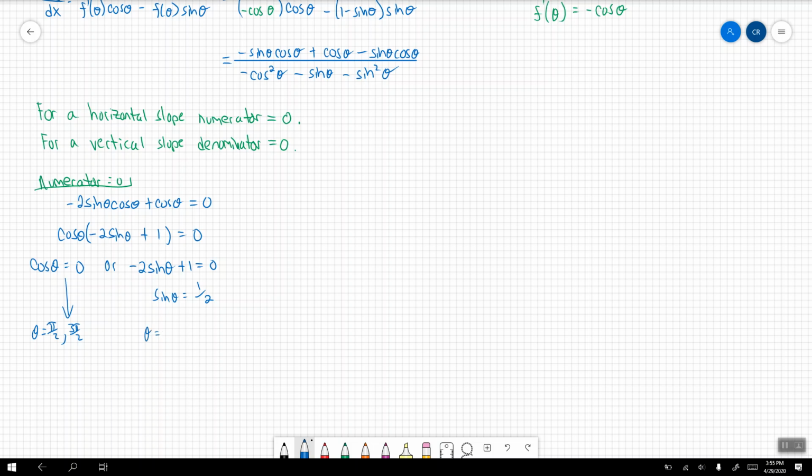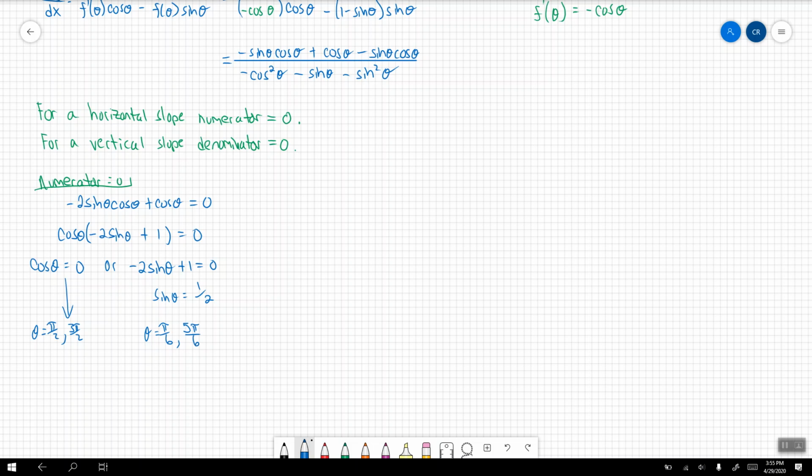So theta is equal to pi 6, and because pi 6 is in quadrant 1, it's also going to be in quadrant 2. So pi 6 plus 2 pi 6, so far we're at pi halves, and then add another 2 more, then we're going to be at 5 pi 6. There we are.